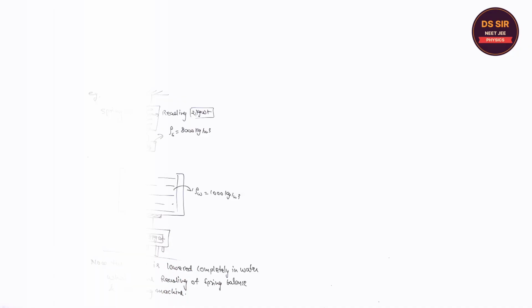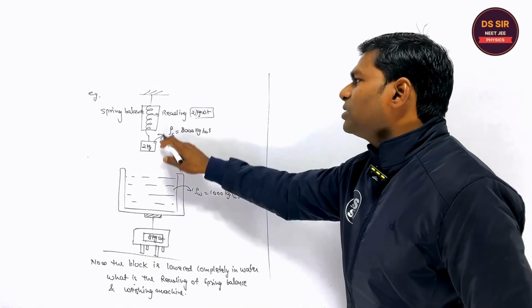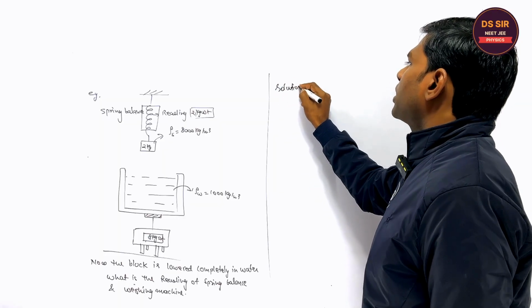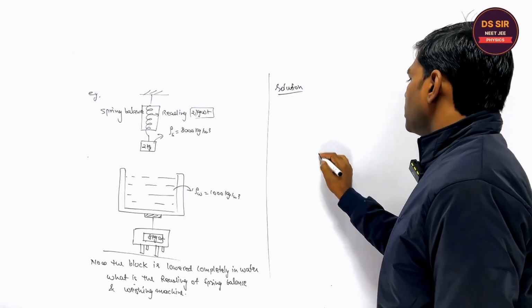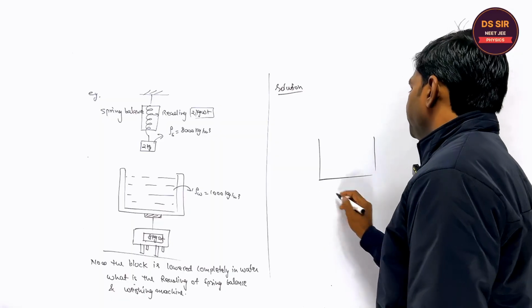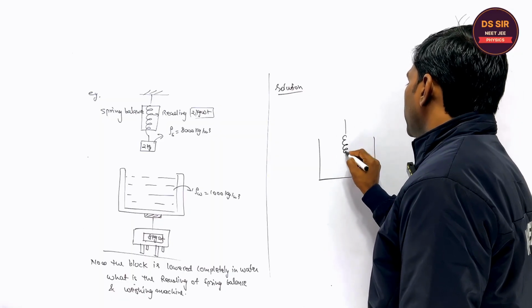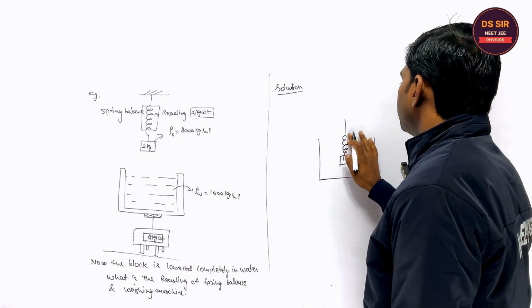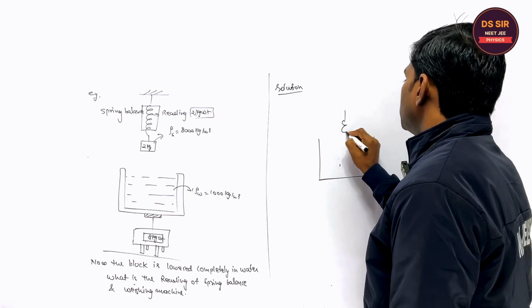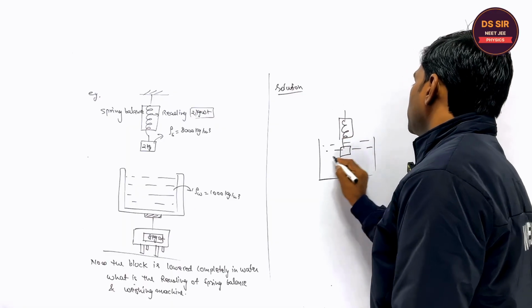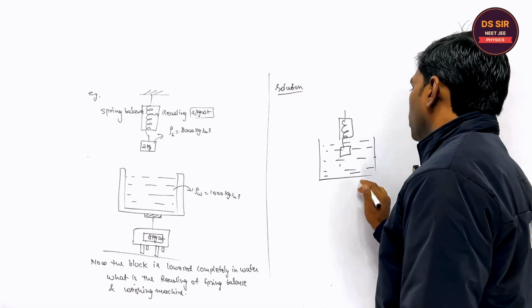First copy this question. So when this spring balance is lowered in this beaker, what will happen, you tell? This is the beaker and this is the block, right? Completely lowered. This is the spring balance and the block is completely lowered in the water.